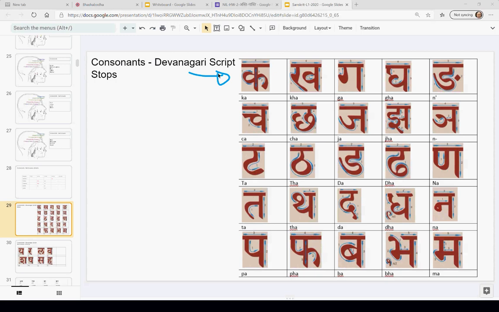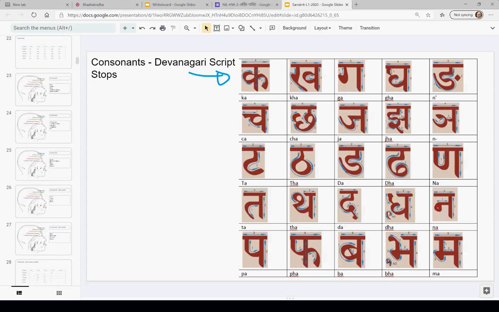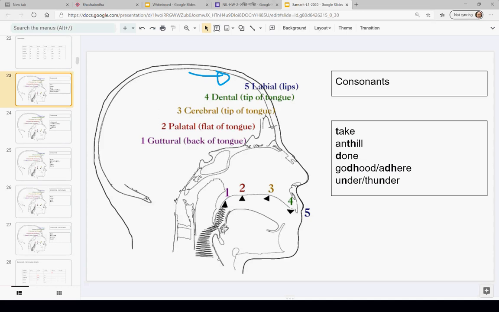Now, ka, kha, ga, gha, nga, they are produced when the back of the tongue is touching the back of the throat here, okay? Like this. If you take this example, look at this picture. So 1, 2, 3, 4, 5. These are the positions here. That first line, ka, kha, ga, gha, nga, they have this guttural position.